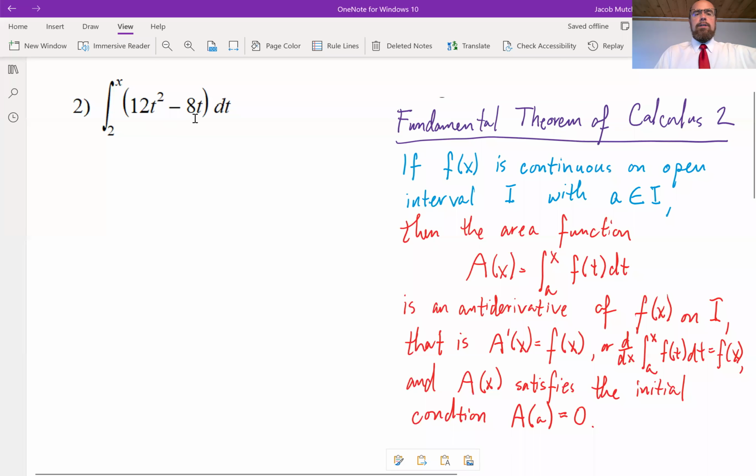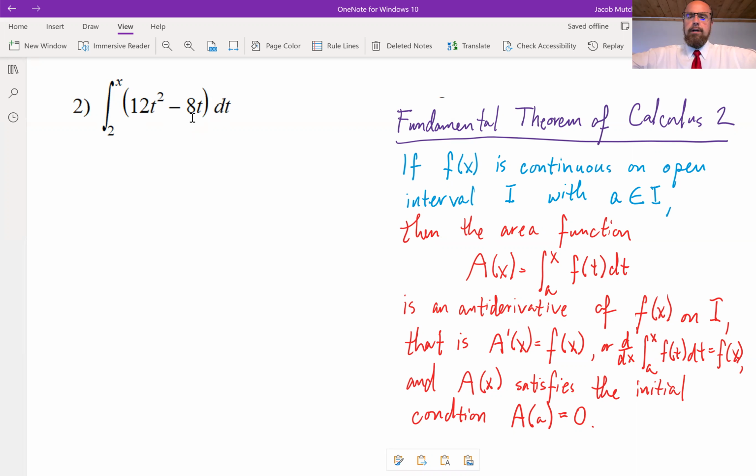So that satisfies the hypothesis. That's a continuous function on an open interval. And the a is this 2. So definitely 2's in the domain of this function. So far we're good in terms of satisfying the hypothesis.